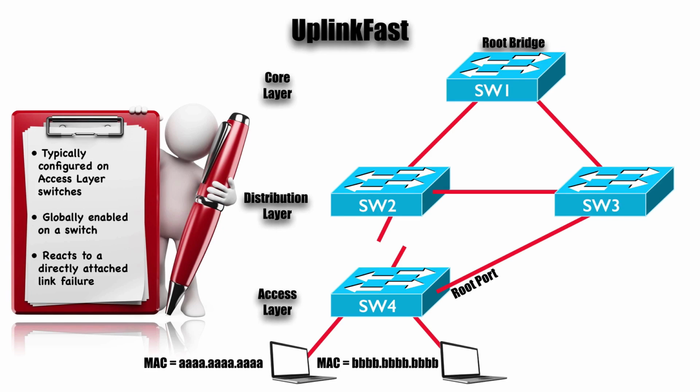And to re-educate those switches very quickly, we can send out some dummy multicast frames. I call them dummy multicast frames because they don't contain any meaningful data, but they are multicast frames that have the source MAC addresses of the devices connected off of SW4. It's a way for the other switches in the topology to repopulate their MAC address table with updated information.